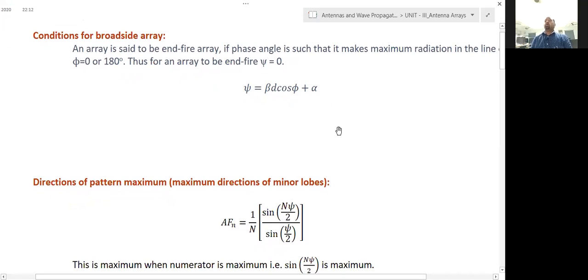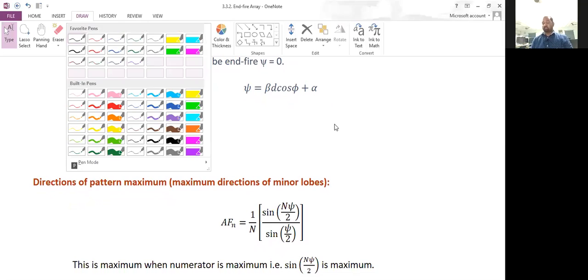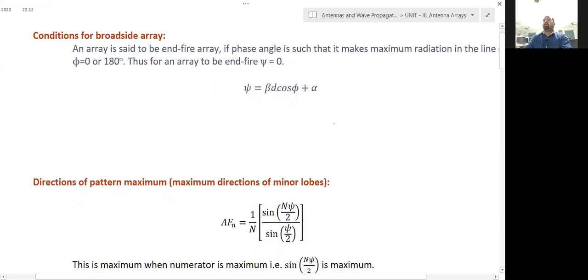Let me explain the conditions for end fire array. So this is not a broadside array, so this is end fire.